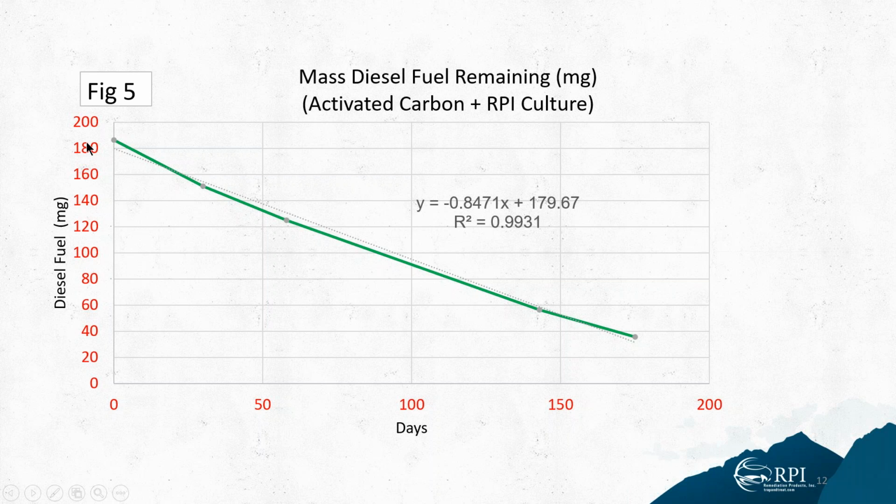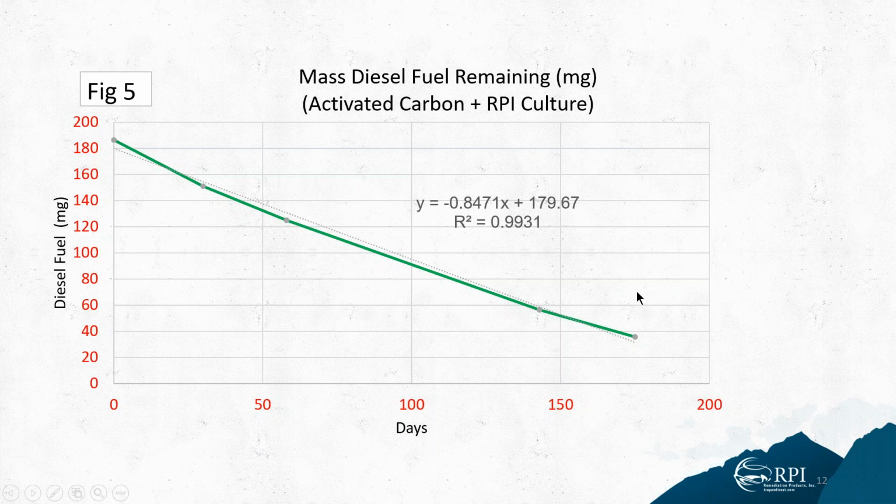So the dose of the carbon that we added into our test started out with just over 180 milligrams of total diesel fuel in the carbon. And then over a period of 6 months, at various times, shown by the little dots here, we took samples and analyzed both the water and extracted everything that was on the carbon to find out how much diesel fuel had been degraded over that time.